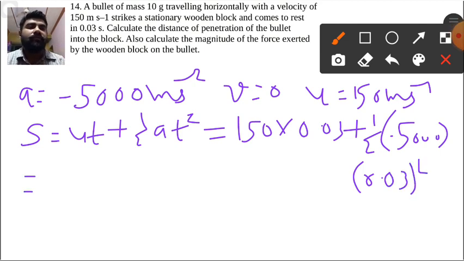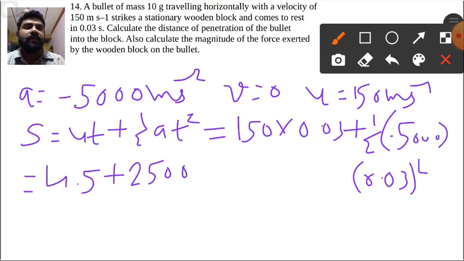So 150 into 0.03: by 100, 1.5 into 3, 4.5. 4.5 plus, now see, 1 by 2 into 5000 is 2500, but here one mistake is there, I have to write minus because here is a minus sign.